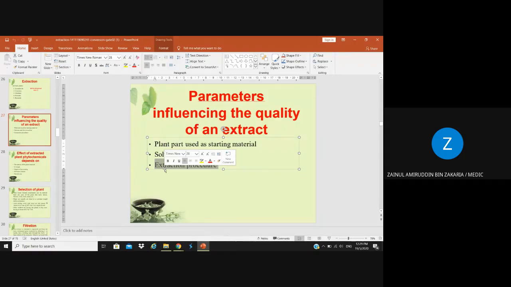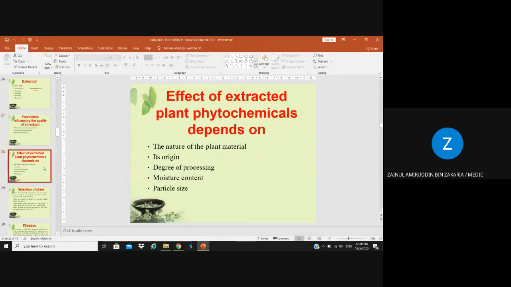Maybe some extraction needs to be done for 3 days to get the maximum amount of bioactive compound with anti-diabetic effect out of the plant. So if you do the extraction only for 1 hour, you will not get the maximum amount of anti-diabetic compound to come out. So you will get less effect. Right? The quality of the extract will be lower. There is an explanation for that.